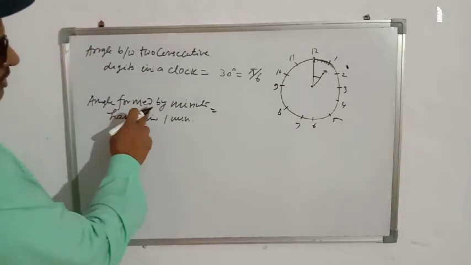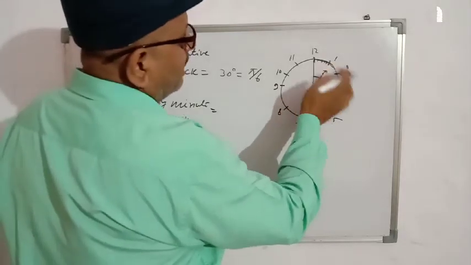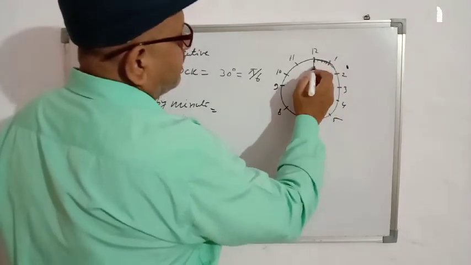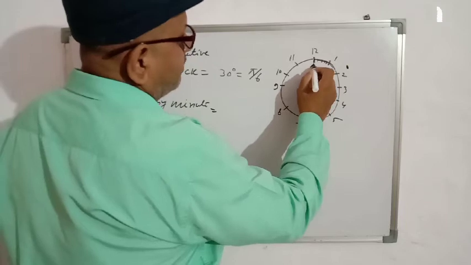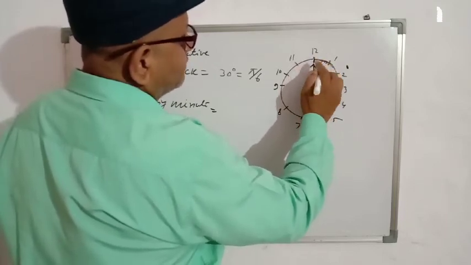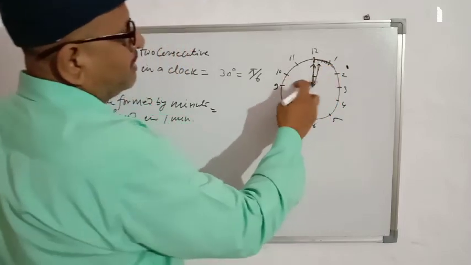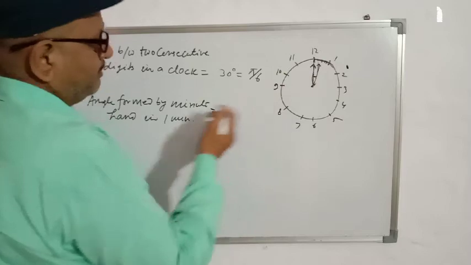And the angle formed by the minute hand in 1 minute. Suppose the minute hand is here. After 1 minute, it will come here. So what is the angle formed by the minute hand in 1 minute?